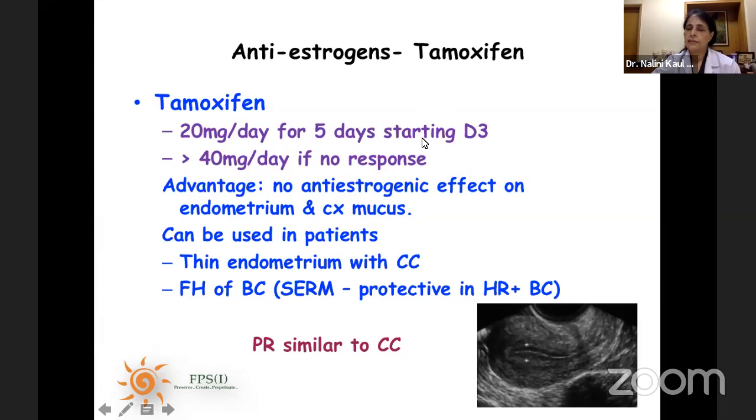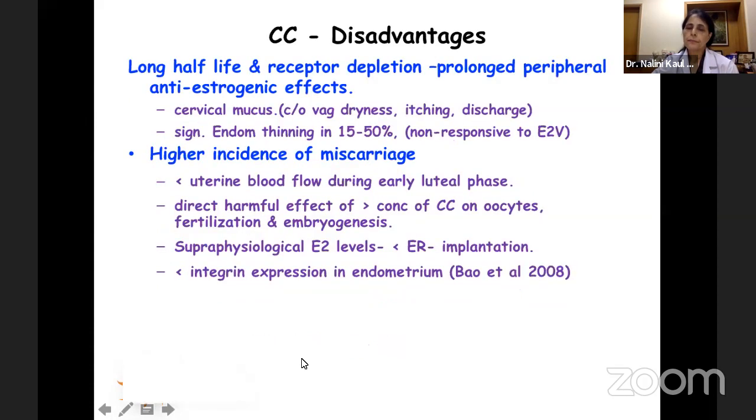I hardly ever give clomiphene because tamoxifen is breast protective. And we know there have always been concerns off and on of the relationship of clomiphene with breast cancer. So why not give a drug which works in the same manner, but is also protective to the breast, especially if there is a family history of breast cancer. The pregnancy rates are very similar to clomiphene.